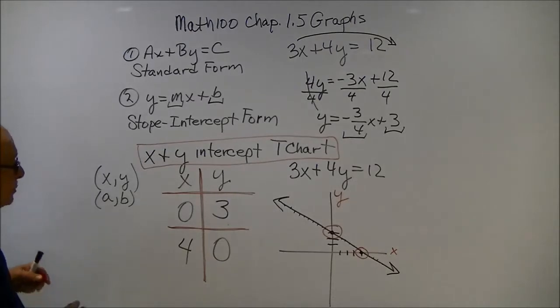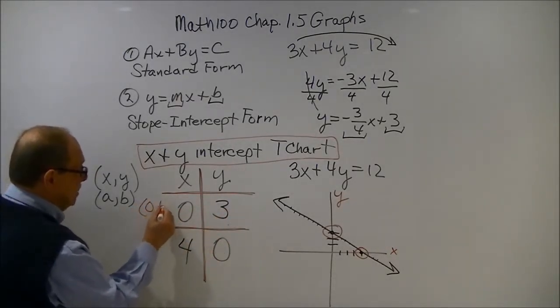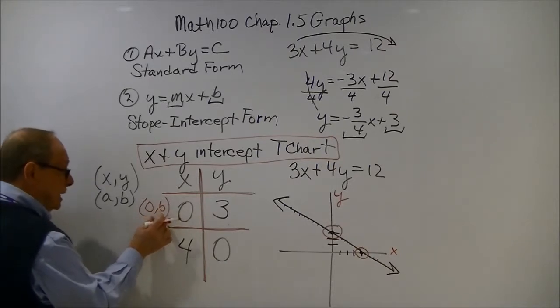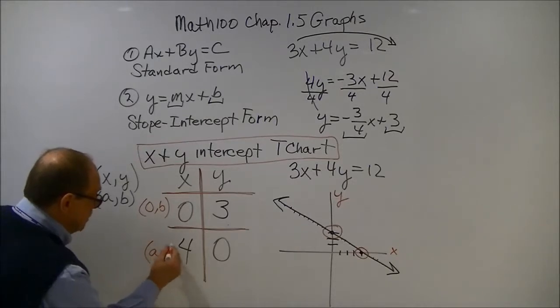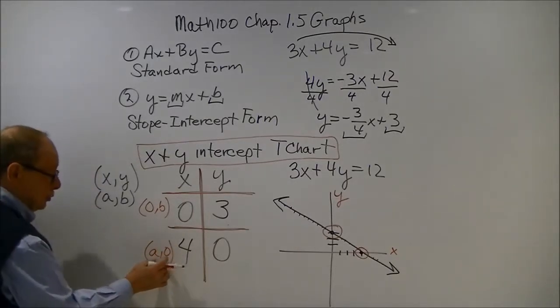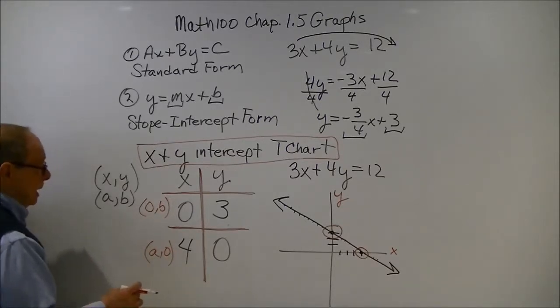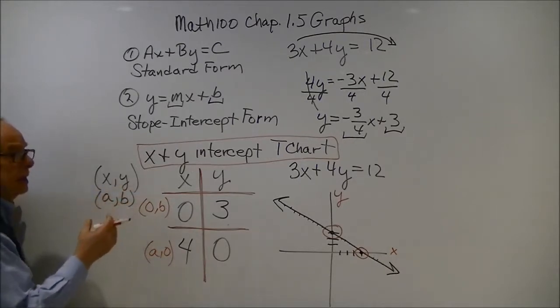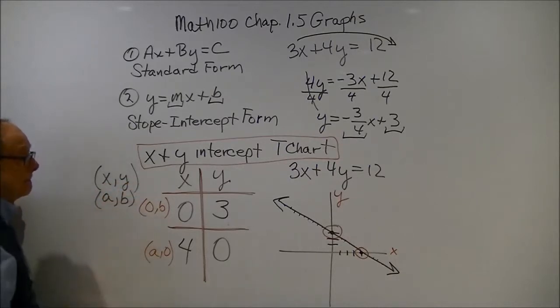And these are sometimes written in a special way that will say (0, b). This is the shorthand for the y-intercept. If you write this one, (a, 0), that's the shorthand for writing the x-intercept. And another thing I want to mention is that often when we see the ordered pair, it's in this form, (x, y).